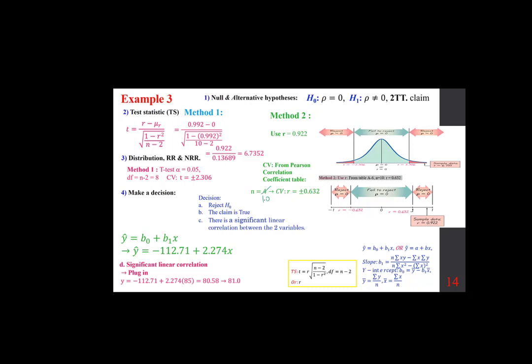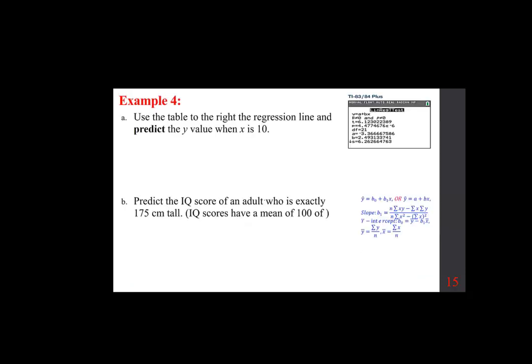All right, let's put that to a test again. Here's the synopsis, if you will. The first part says use the table to the right, the regression line, and predict the y value when x is 10. Now, this is the formula. I hope you see the A and B, everybody. You can say a plus bx.